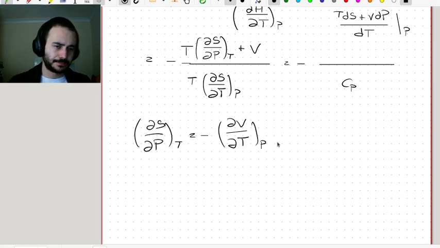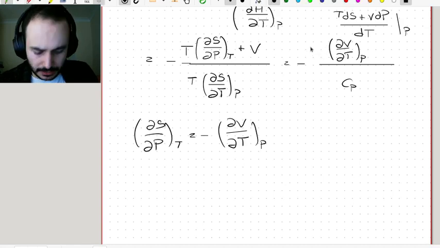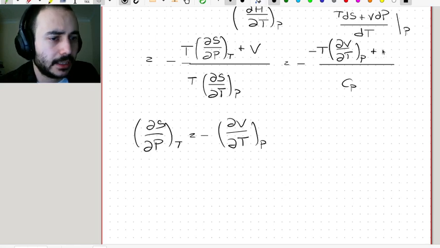Okay, so let's put that here. So what we have is minus the partial derivative of V with respect to T at constant P. There is a minus sign, and then there is also the T multiplying, and then there is the volume here.